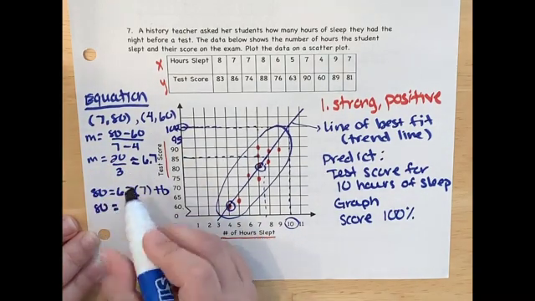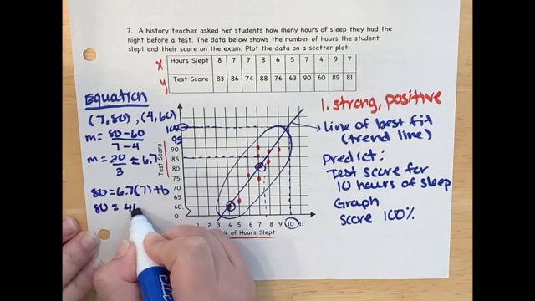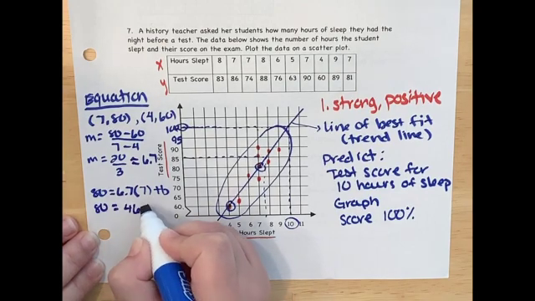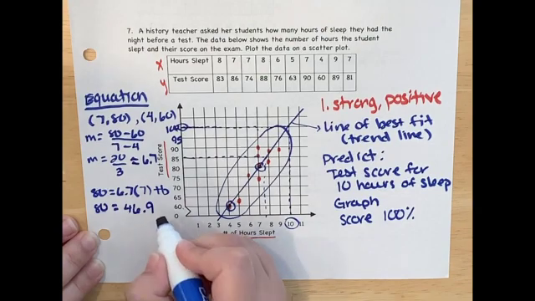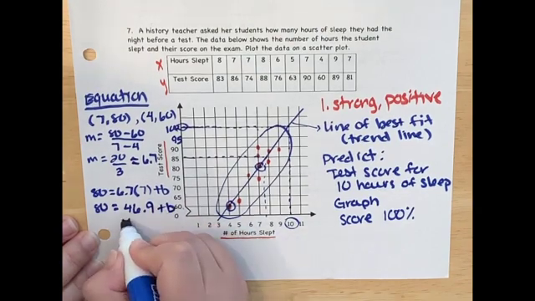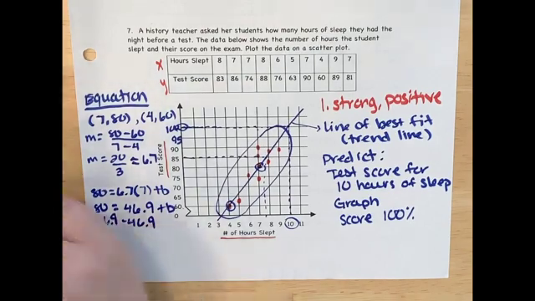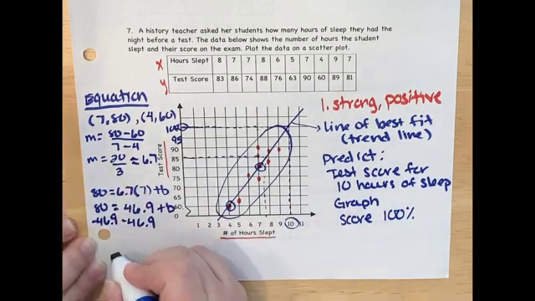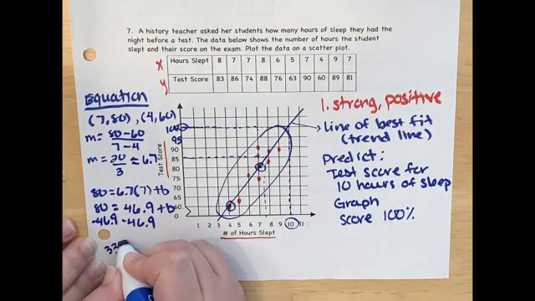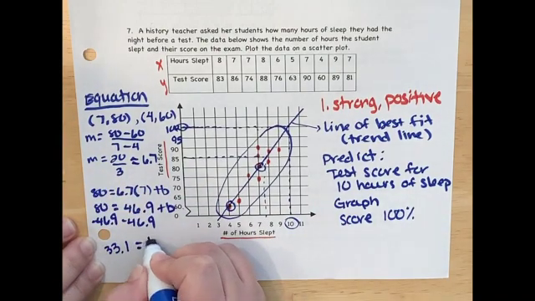It may not come out perfect to what we did with the graph, but it's going to be awful close. So 6.7 times 7 is 46.9. Subtract that from both sides. And I get 33.1 is equal to b.